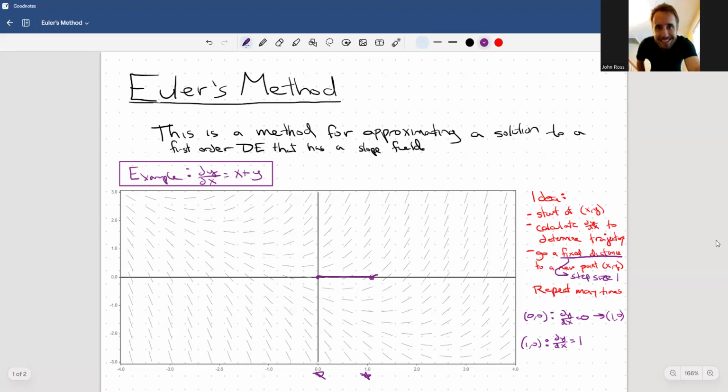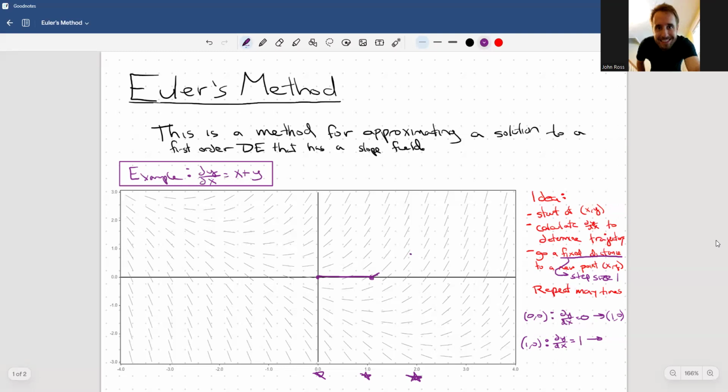Because of the aspect ratio, it looks a little bit shallower than we might expect, but that's because of the aspect ratio of this picture. It should be 1 unit over to 1 unit up. And in fact, that actually determines our trajectory. We will now march 1 unit over, so getting to an x value of 2, and with a slope of 1, we're going to get 1 unit up.